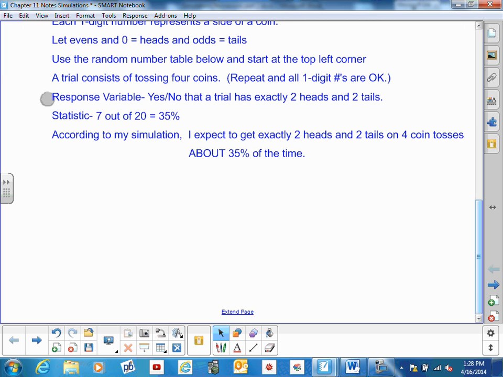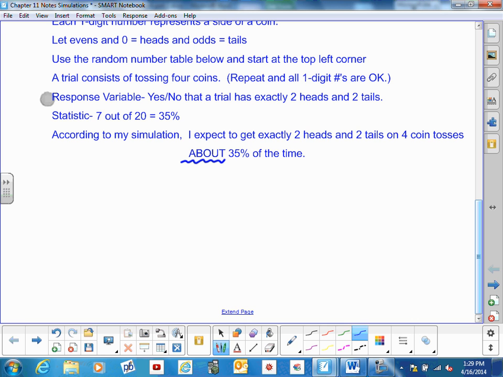So the last thing, according to my simulation, see, there's my wiggle. I'm just saying what happened in my simulation. I'm not saying this is fact. And I also am saying about 35% of the time. I expect to get exactly 2 heads and 2 tails on 4 coin tosses about 35% of the time.